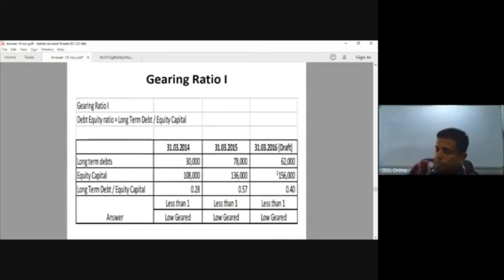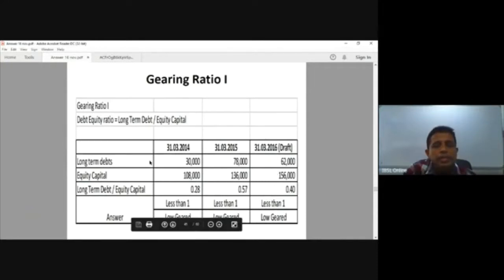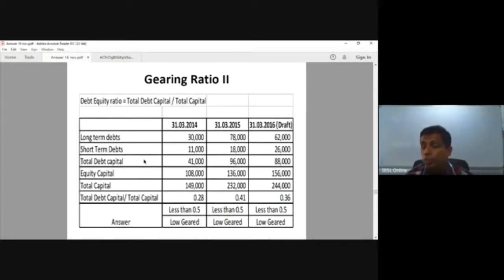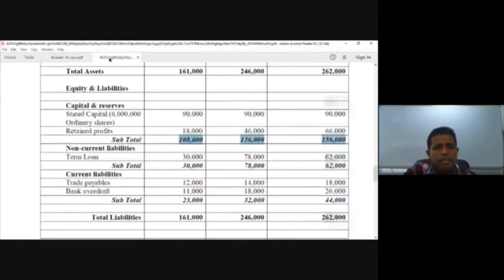Then gearing ratio 2: you have to take not only the long-term debt capital, you have to take the short-term debt capital also. Long-term debt capital we have already taken: 30, 78, 62. Then go to your balance sheet and take the short-term debt capital. Here, short-term, you have 2 debts, creditors and bank overdraft. I mentioned in the last question also, don't take creditors.